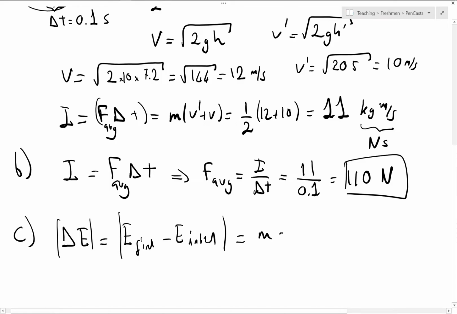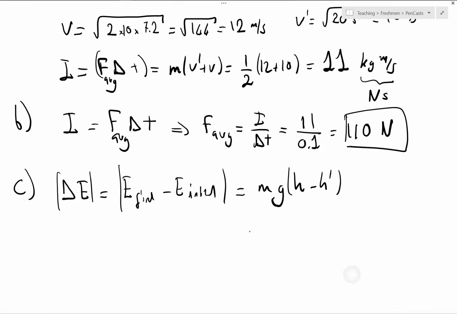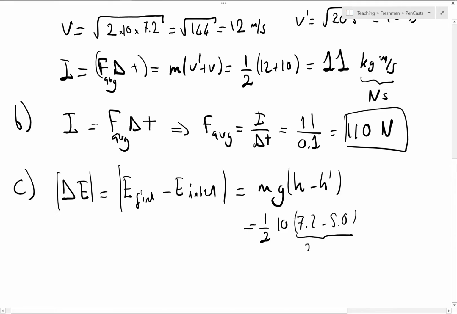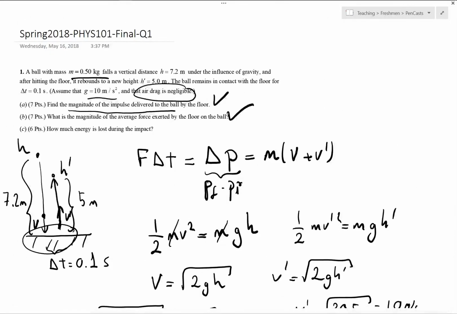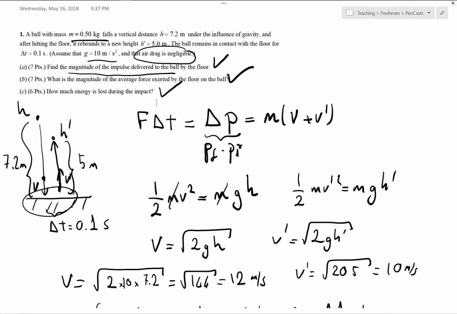So that's going to be m g (h minus h prime). m is 1 over 2, g is 10, 7.2 minus 5.0 is going to be 2.2. So this is going to be 11 joules. And that is the final part of the question, which was actually quite simple.